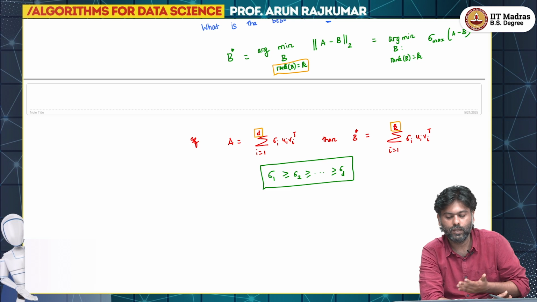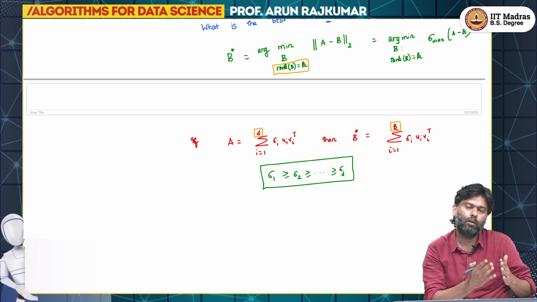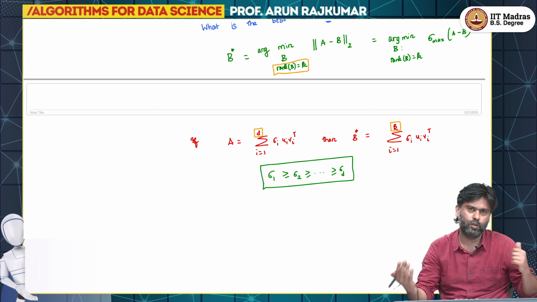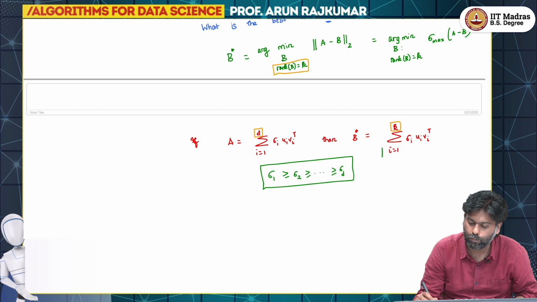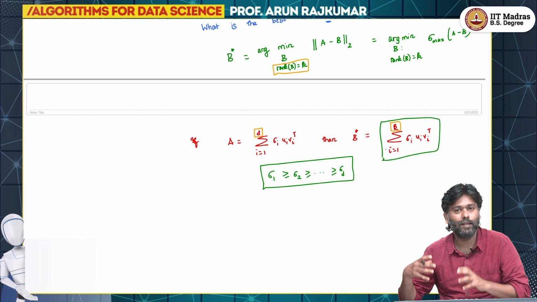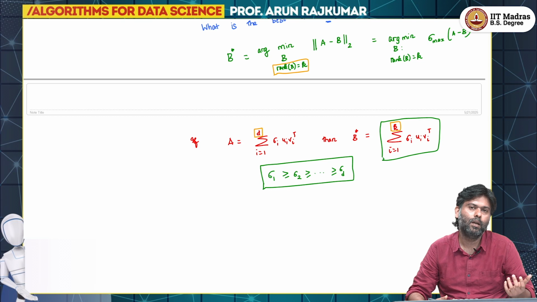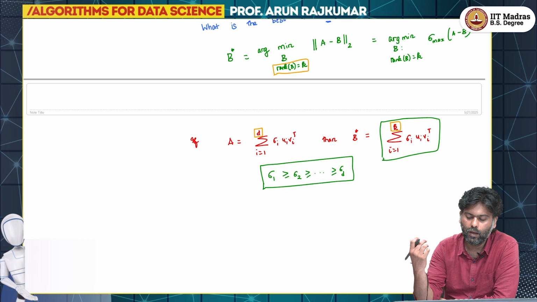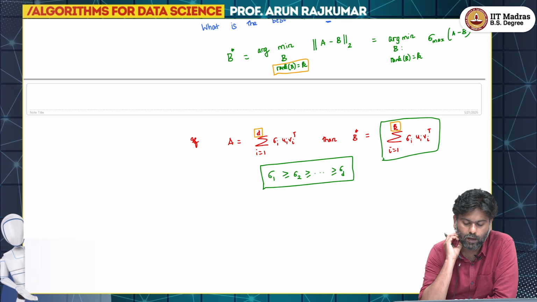In other words, you take only the top 10 singular values and their corresponding singular vectors u's and v's, and then add up those k rank 1 matrices. You will get a rank k matrix, and that is in fact the best rank k approximation for A. This is a famous theorem in linear algebra.